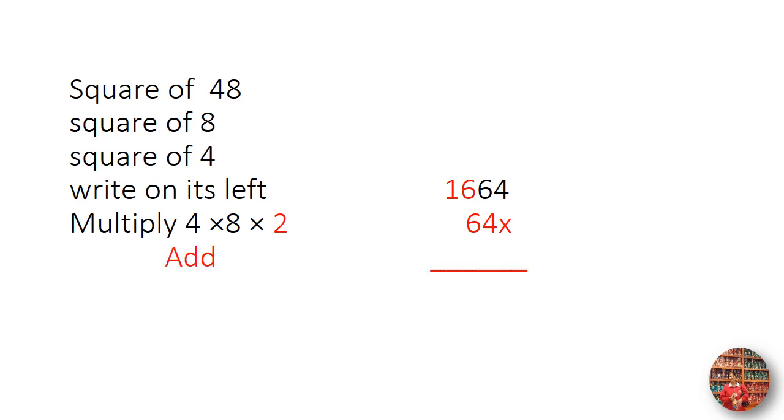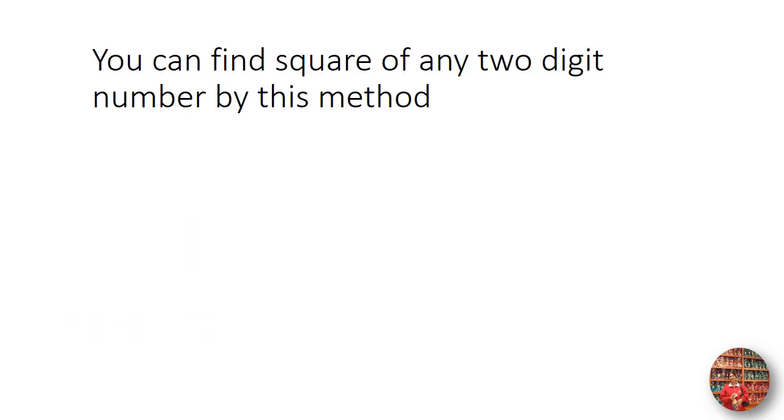Add it. The number will be 2304. So this is the square of 48. Now you can find the square of any two-digit number by this method.